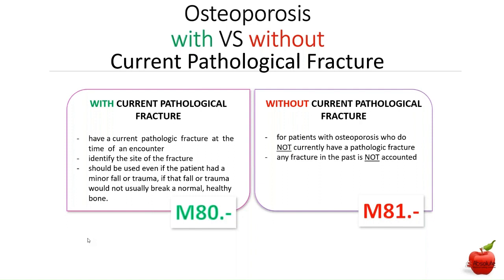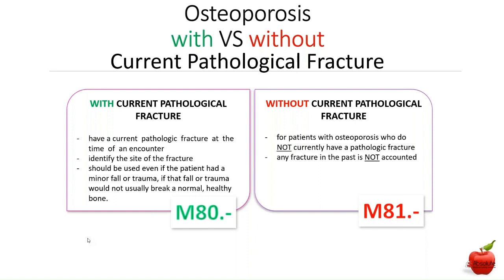If that fall or trauma would not usually break a normal healthy bone, then you would use M80. So it's a matter of the current pathological fracture, the site, and determining whether the fall or trauma would usually not break a normal bone because the bone is very fragile.